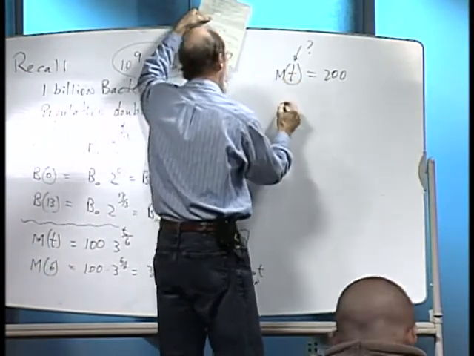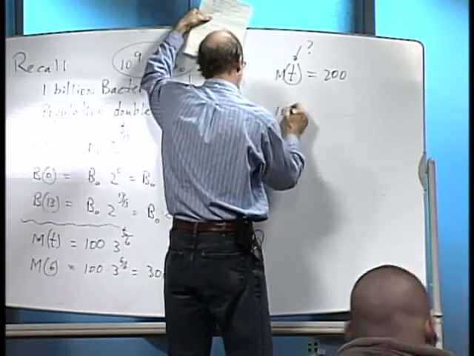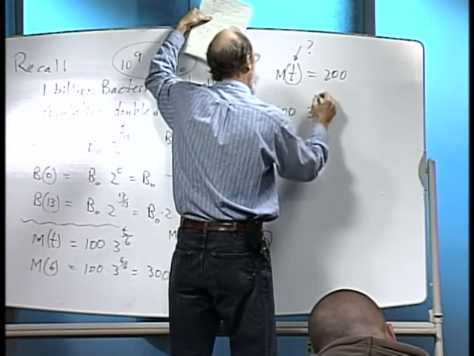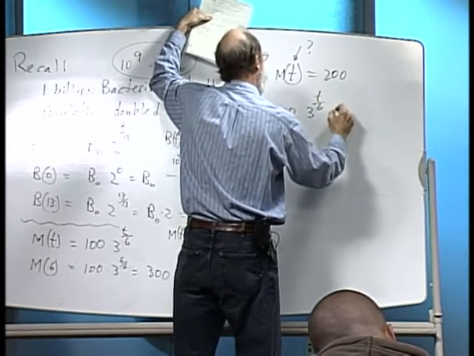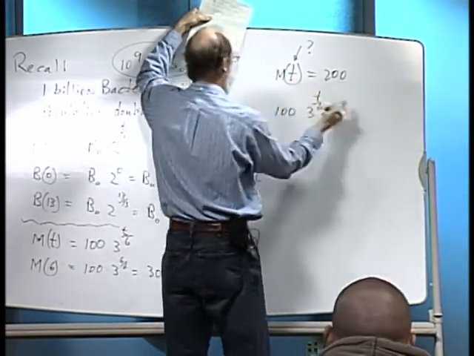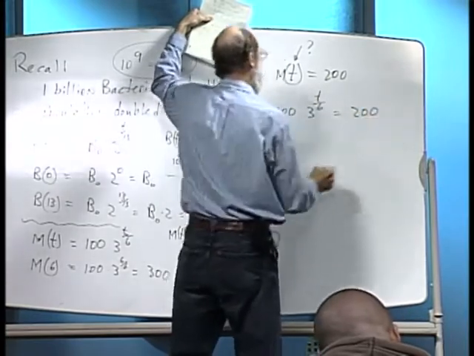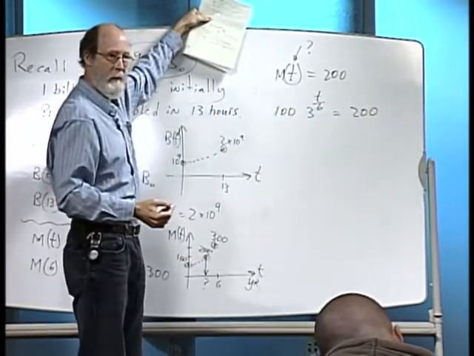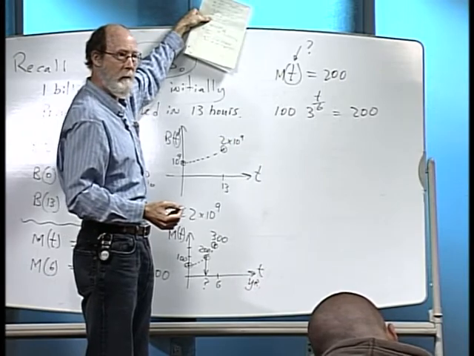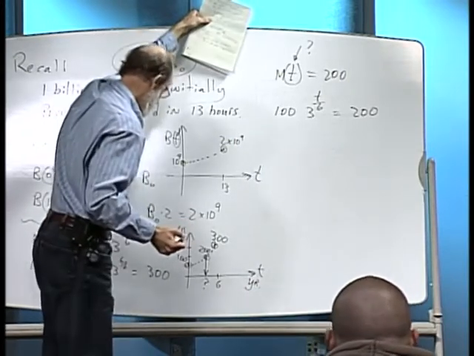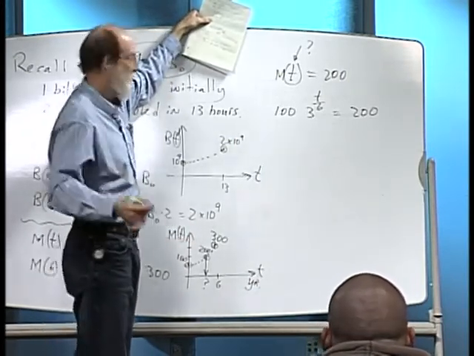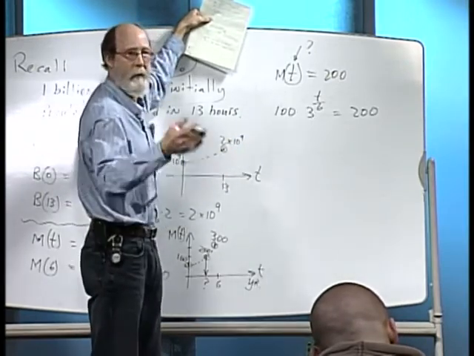Our model is 100 times 3 to the t over 6 equals now m of t, that's 200. Everybody with me? So, first step, somebody near the back of the room?